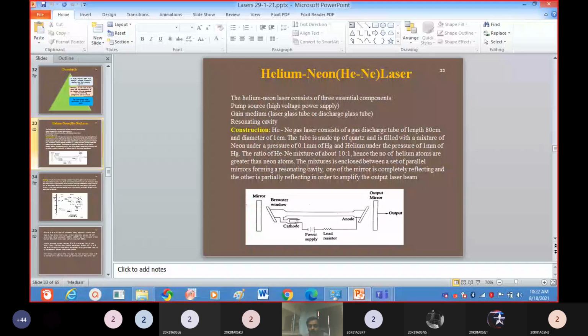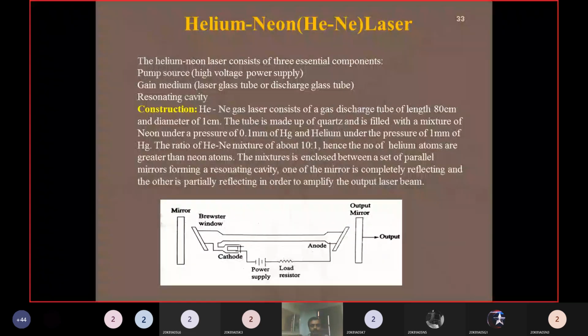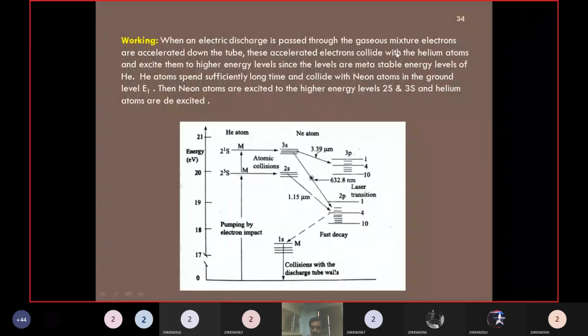Now I am continuing. This total quartz tube is placed inside the high electric field. If you place the gas in an electric field, an electric discharge takes place. There are many electrons in helium and neon.